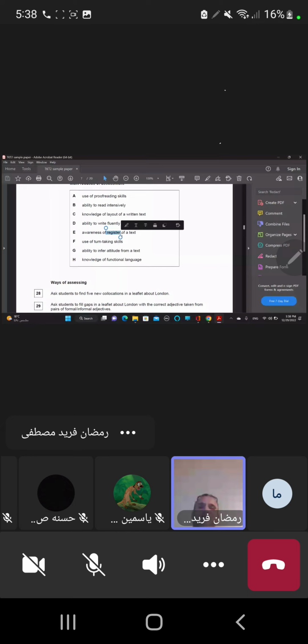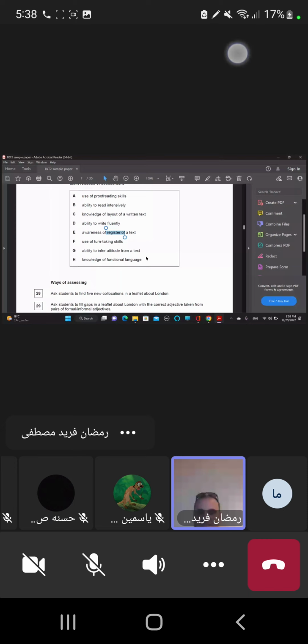Register is formal versus informal. Which word is formal and which word is informal? The register of the text means the degree of formality of the text. If we know this topic, we will easily choose E.